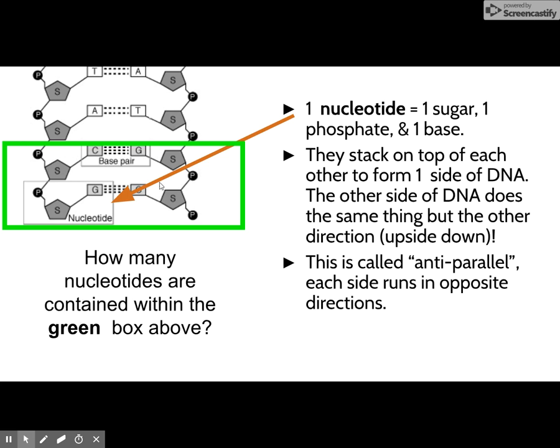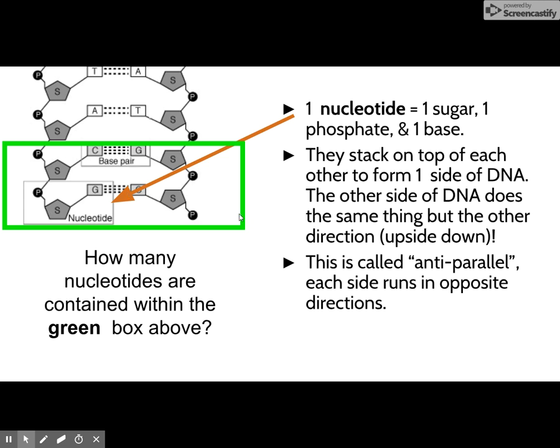So quickly look at this image and figure out how many nucleotides we are looking at in this green box. There are 4 nucleotides in this green box. You have 1, 2, 3, and 4.